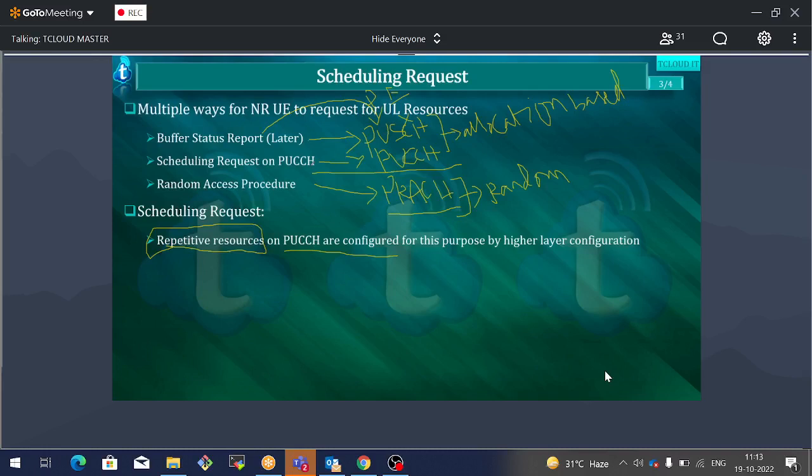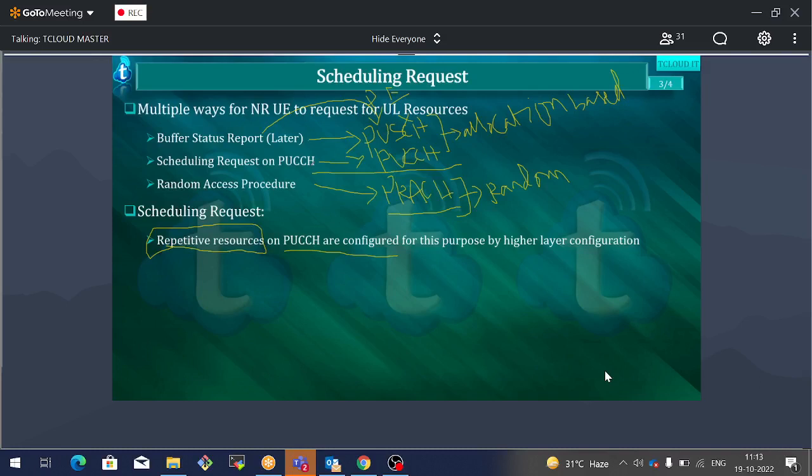Because this PUCCH channel is designed to be repetitive, some amount of fixed, repetitive resources are allocated to the subscriber for the use of this channel. What they decided is, hey, we must be able to make the mobile equipment use this channel for various purposes. So depending on the present need at that particular point in time, the mobile would transmit the corresponding information. For example, at times the mobile needs to send a scheduling request.